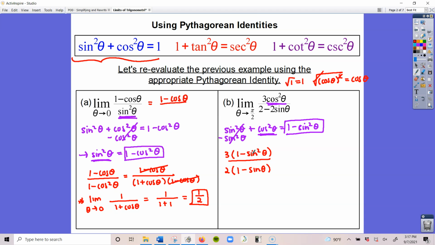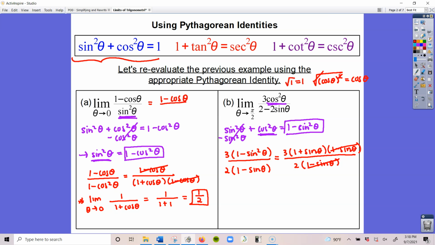Now, just like in the previous example, where we can factor 1 minus cosine squared into a difference of squares, it's the same thing here. 1 minus sine squared is a difference of squares. So I can rewrite this as 3 times 1 plus sine theta times 1 minus sine theta, all over 2 times 1 minus sine theta.